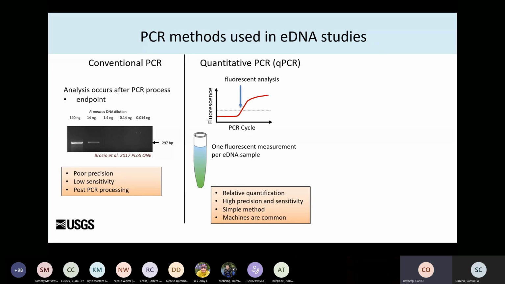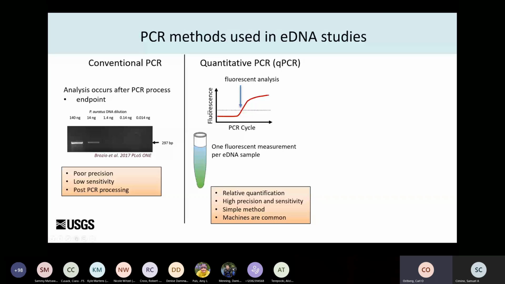qPCR, or quantitative PCR, is the most common method, and it is also referred to as real-time PCR because it allows the amplification of target DNA to be analyzed during the actual PCR process. I'll talk about qPCR and the chemistry in greater detail shortly, but briefly, in this figure the x-axis represents increasing PCR cycles, and the y-axis represents increasing fluorescence.